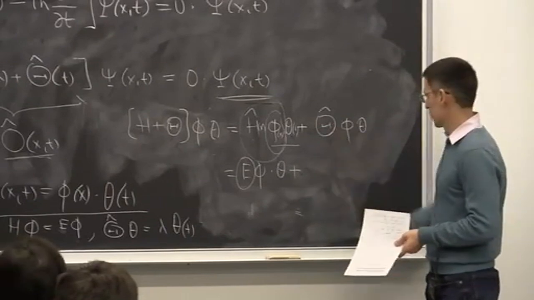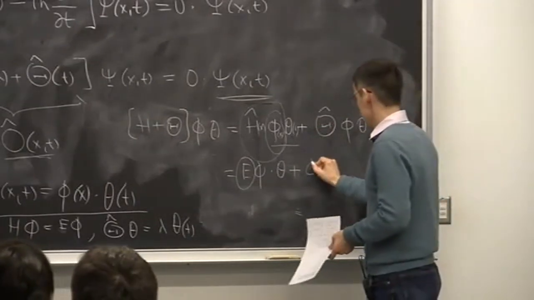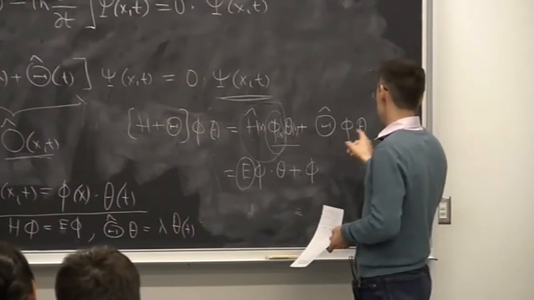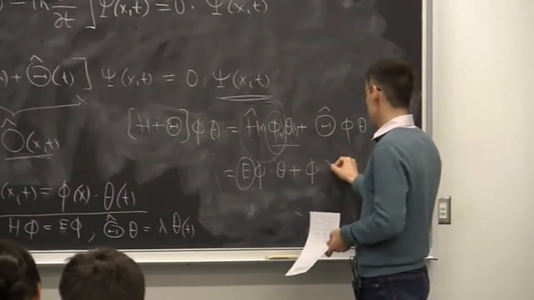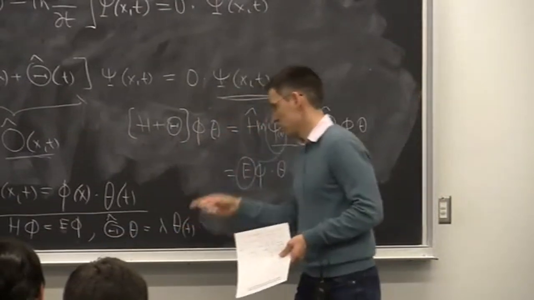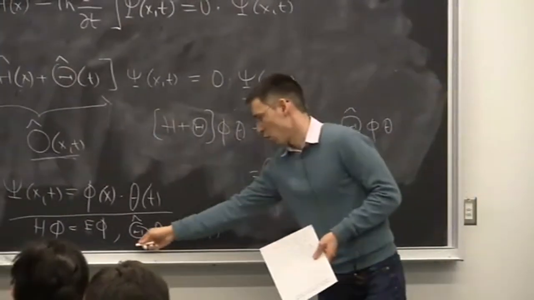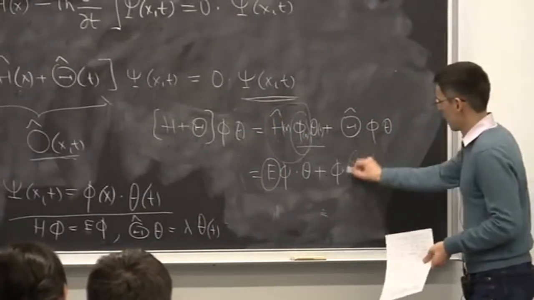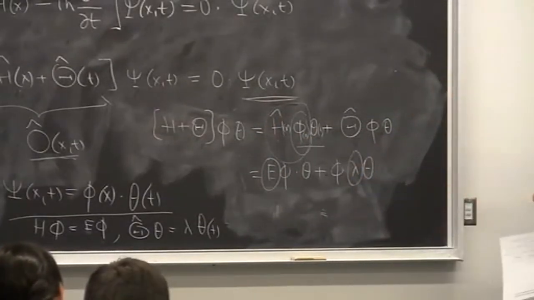It's like a constant for this operator, right? And so then theta skips phi, and when it acts on the theta, it gives us lambda, because that's the rule how this operator acts on theta, right? Now lambda is also a constant.